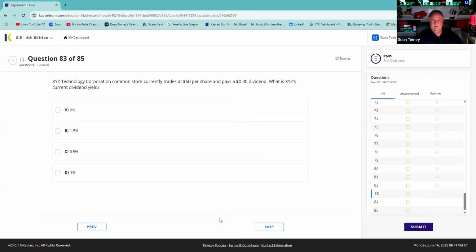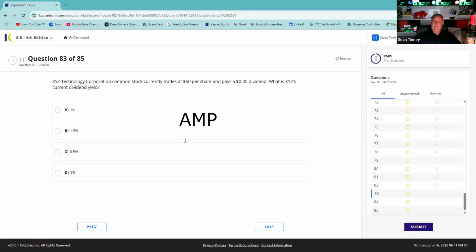XYZ Technology currently trades at 60, pays a 30-cent dividend. I would be prepared to do current yield. I have a memory aid device for you: what it pays over what it costs. Annual interest or dividend, in this case annual dividend, divided by the market price.